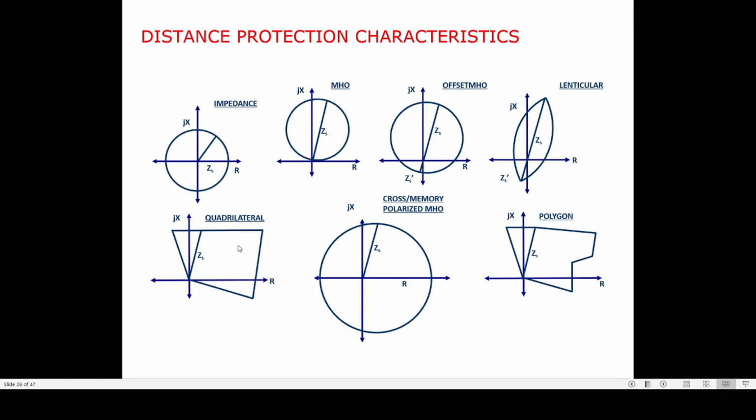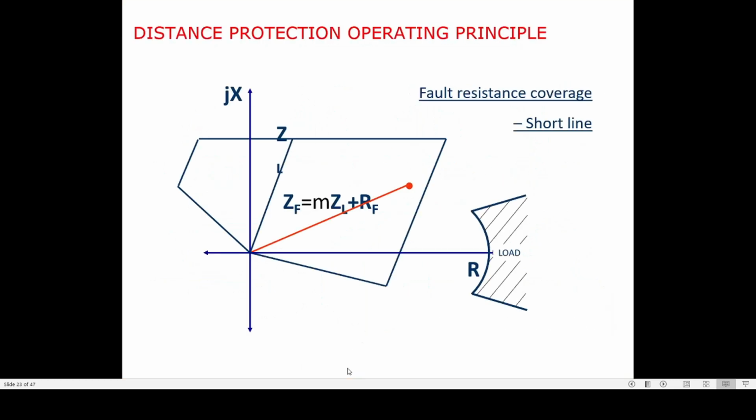Now, the second thing that is important to note here is that if you are using a quadrilateral characteristic with higher resistive reach, then what happens? This is your load region, and I have already explained earlier, this is your load region. Suppose the load on the transmission line keeps on increasing, so the current keeps on increasing.